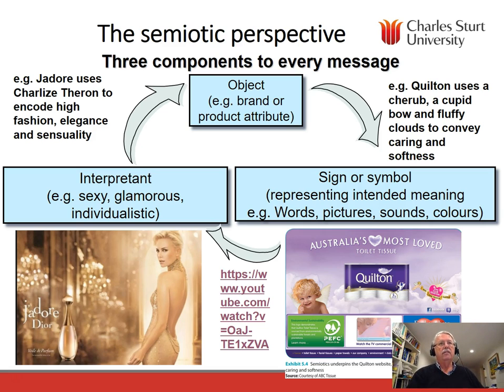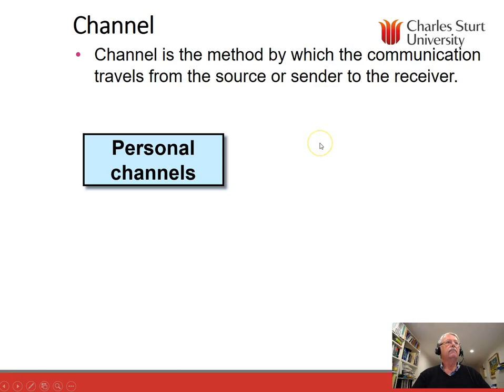In relation to the symbol, you can see that Quilton uses a cherub, which is a cupid, a bow, and fluffy clouds to convey caring and softness. And all of these signs or symbols can be very, very important to the overall message conveyed by the advertising or commercial or marketing communications process.